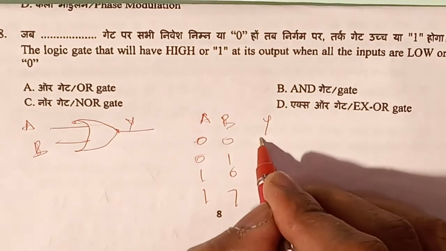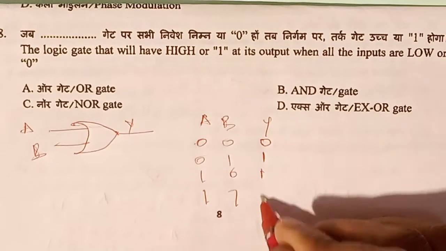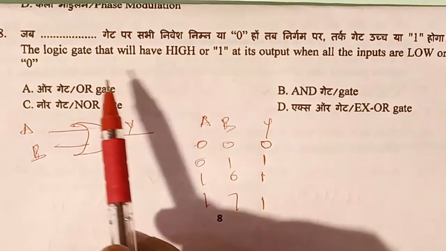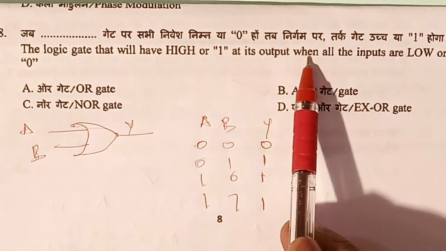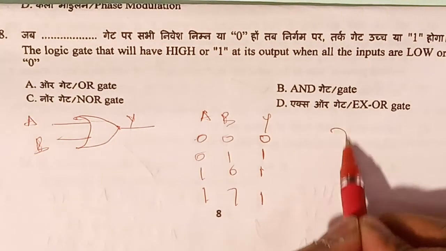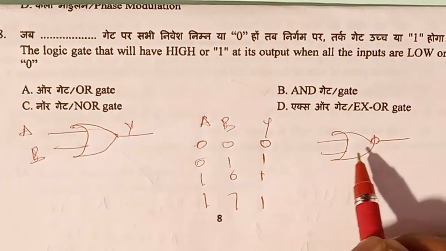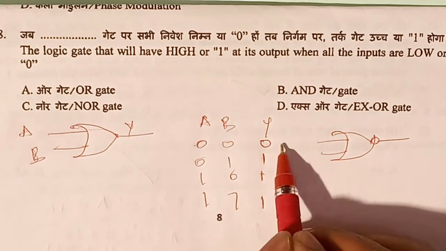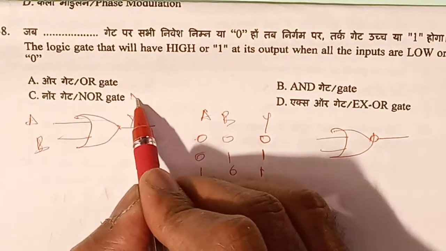In an OR gate, if any of the inputs is high, its output will be 1. But in the question, the gate should have a high output when all the inputs are low. That means it is the NOR gate. When all inputs are low, we get a high. So the answer is option C, NOR gate.